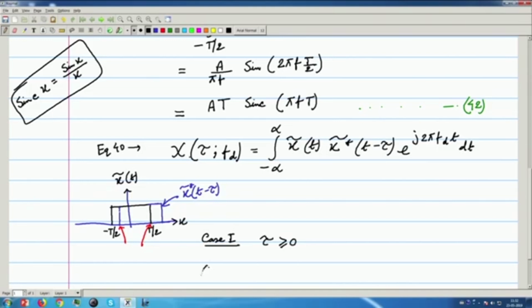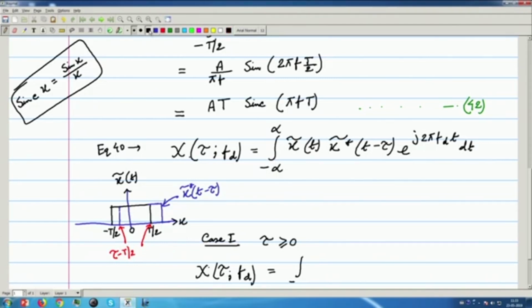So, the ambiguity function is extending from, what is this point? First, let me put that this is my 0. So, this will obviously be tau minus T by 2, and this point is T by 2.